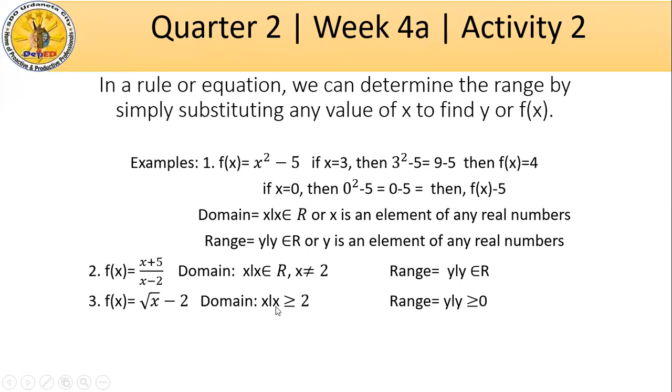If you use a number less than 2, say for example 1, 1 minus 2 is -1. There is no such number that is the square root of -1. Okay?